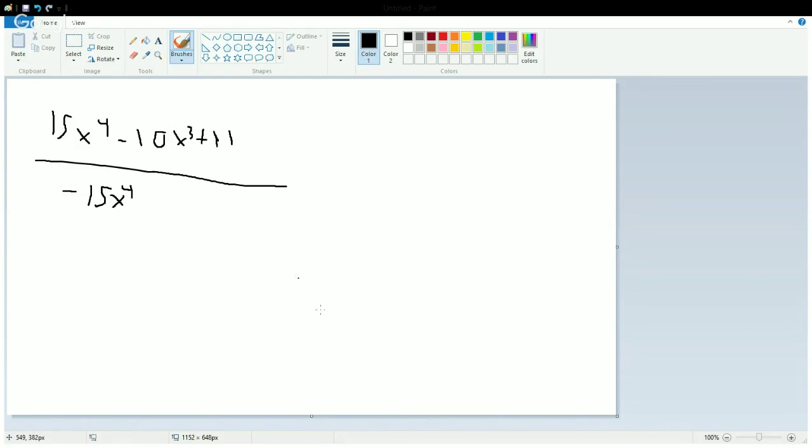But if I'm not mistaken, we're taking 15x to the fourth out of every single term. So this should look like, assuming I did this correctly, minus 1 plus 10 over 15, which is 2 over 3x, plus 2 over 3x, minus 11 over 15x to the fourth.